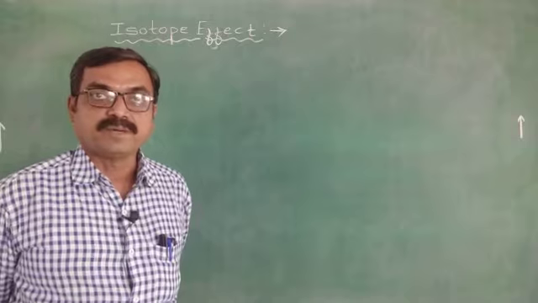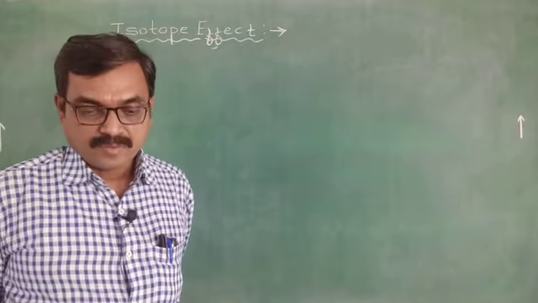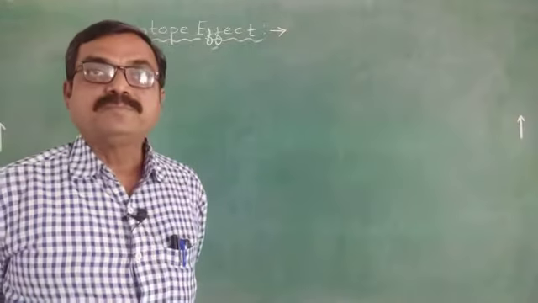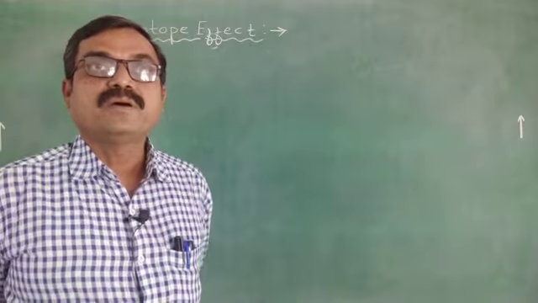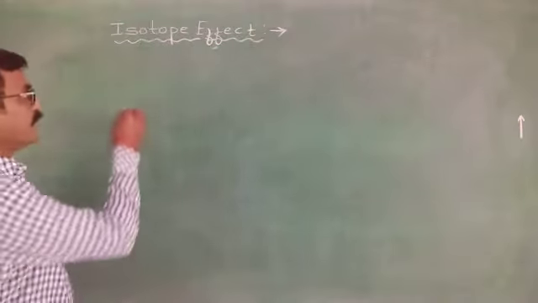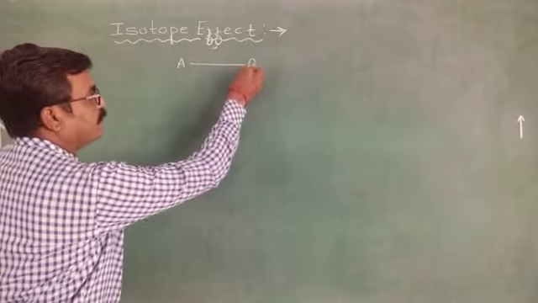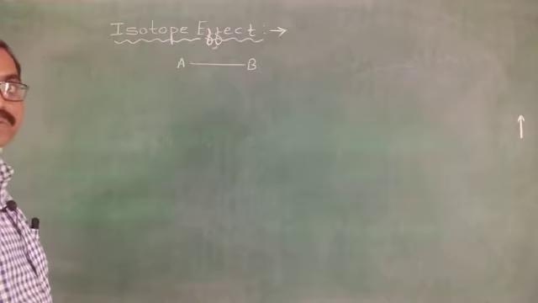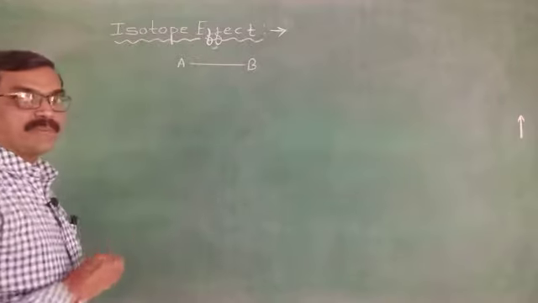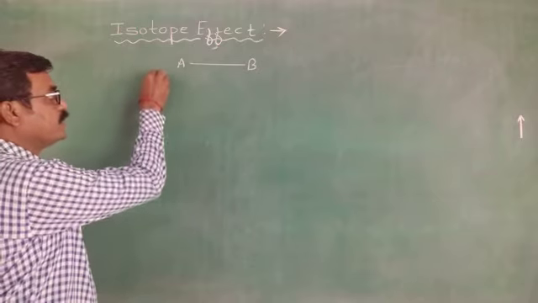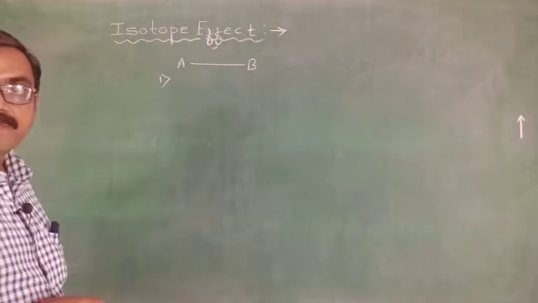Now, if we have a heteronuclear diatomic molecule like AB, no doubt this molecule AB satisfies all the conditions of microwave spectra.